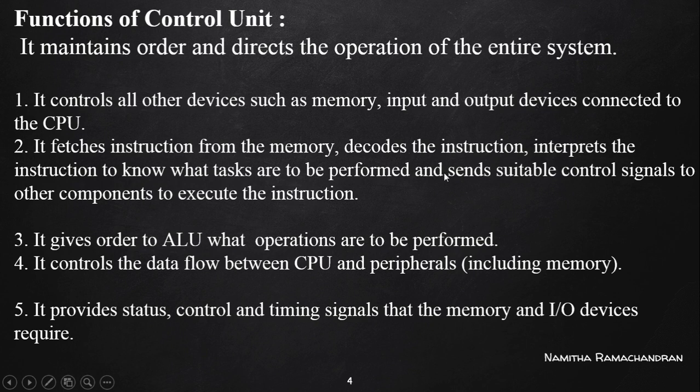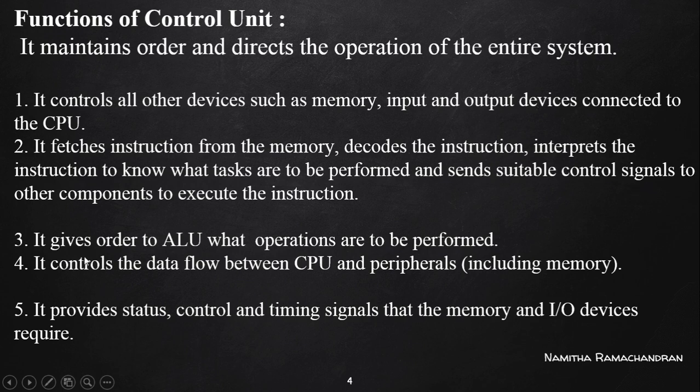Based on that information available from the decoded instruction, it generates certain control signals in order to perform certain set of activities. That means the control unit decodes the instruction available in the instruction register and identifies what operation want to perform next. So based on that, it generates corresponding control signals.